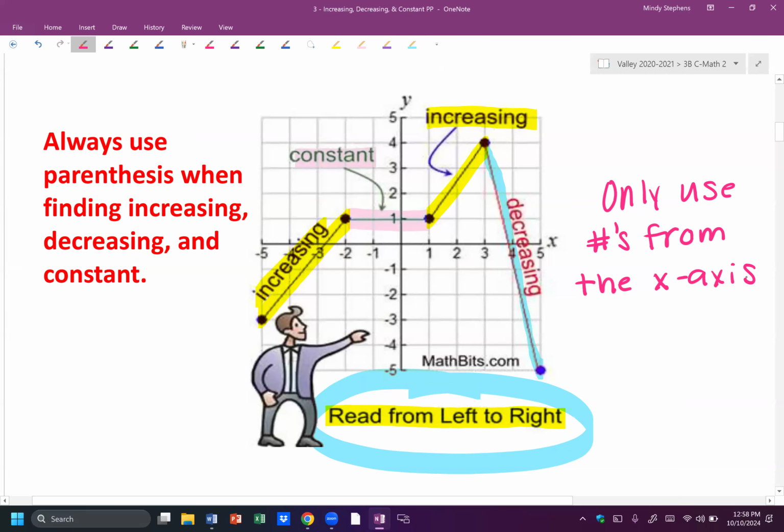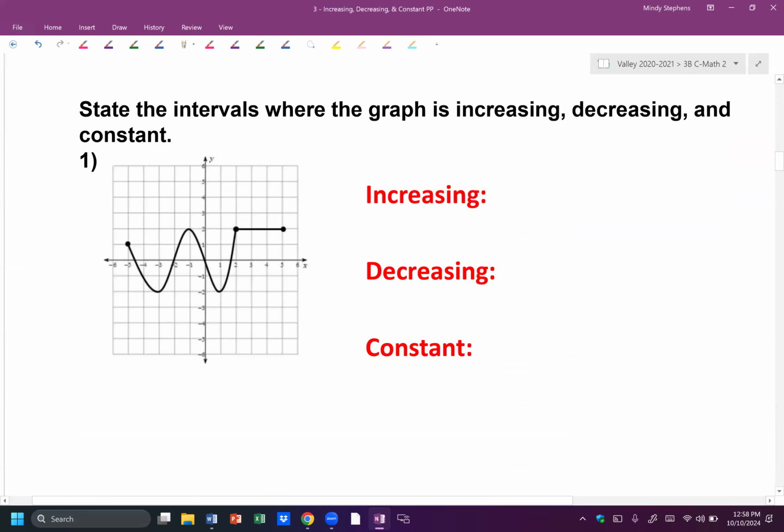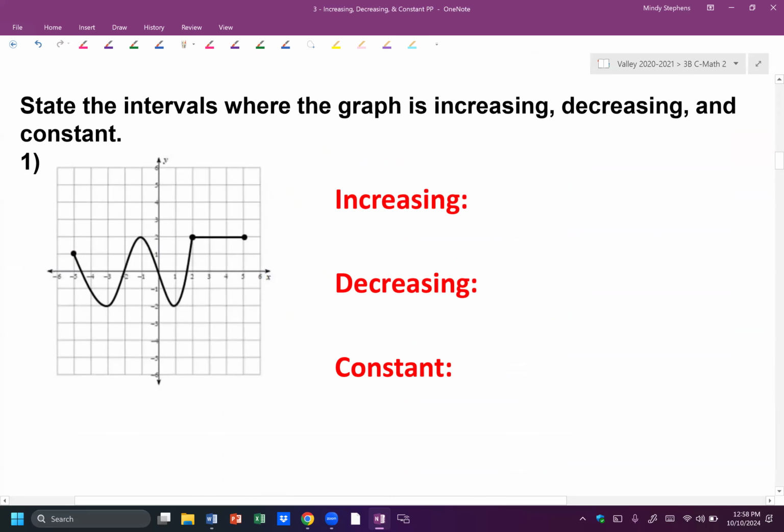So number one. Looking at the graph, the first thing that you have to be able to do is, can you tell where it's increasing or decreasing? So we're just going to talk about that, and then I'll tell you how to put it into an answer form. So just watch up here for just a minute. Starting at that point right there, I'm going down first. So if I'm going down from left to right, this piece would be decreasing, right?